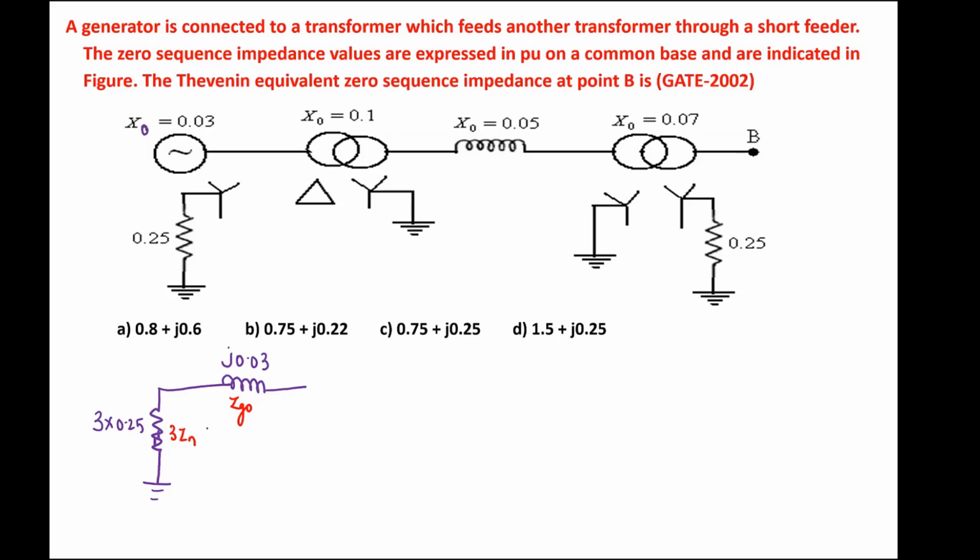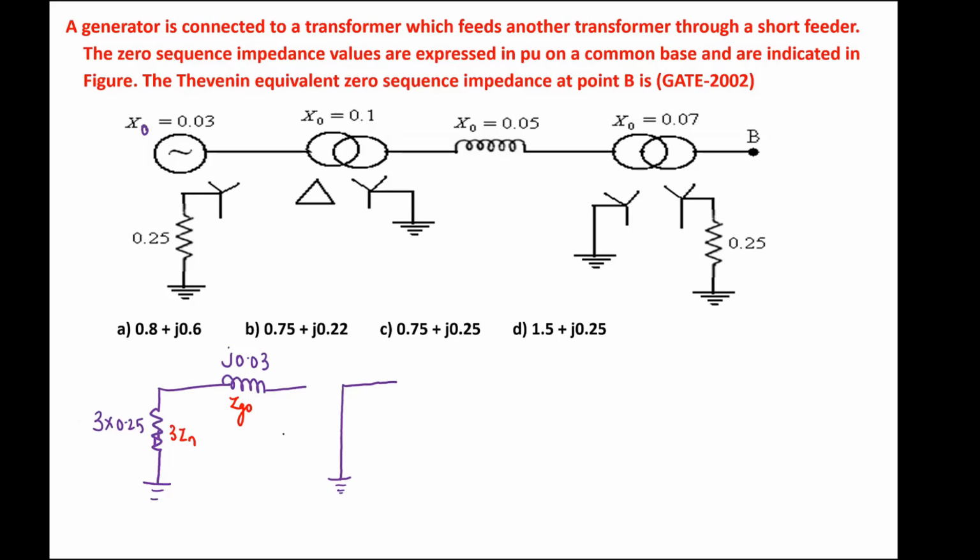Next, what is the element that is connected to this first alternator? There is a transformer whose primary is delta connected. Primary is delta connected means you have to keep the series switch open and close the shunt switch.